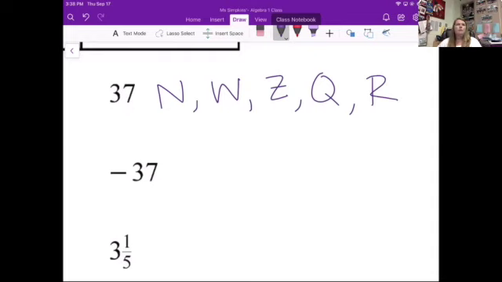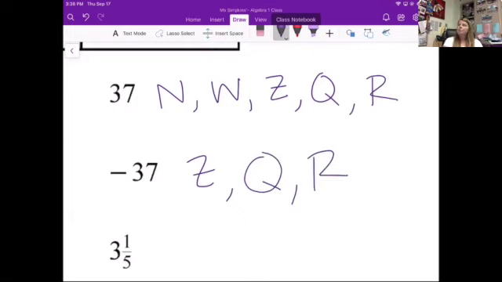Negative 37, the most specific category we could get into would be integer, because it's a negative whole number. So that means it's also rational and real. 3 1/5. If I see that 1/5, I can't do anything. It's as simple as I can get it. So since it has a fraction, it's just a rational number, but remember all of the numbers we're dealing with are also real numbers. We good with those? Any questions, comments, concerns?